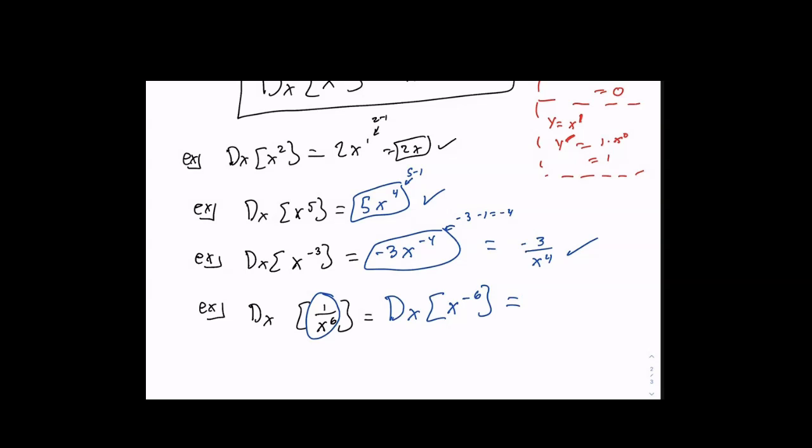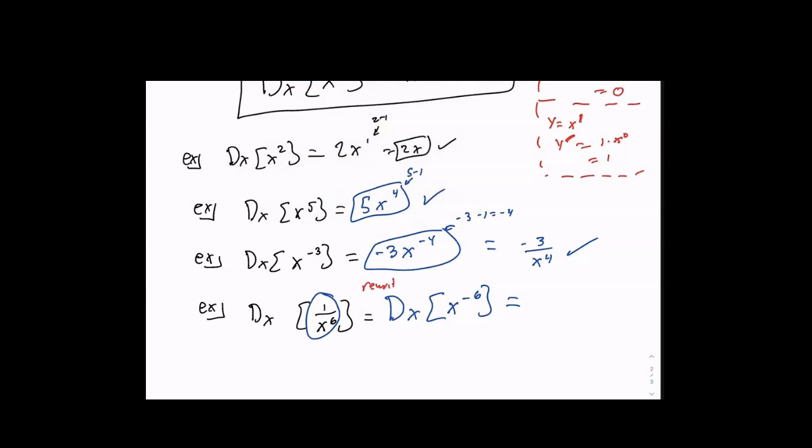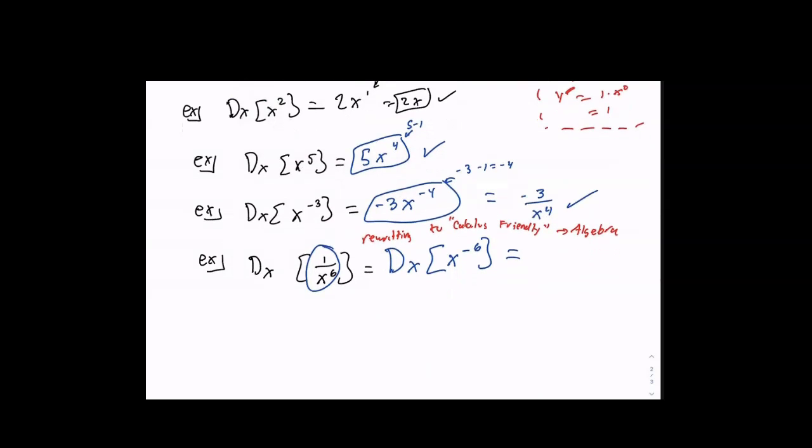So you have to understand the difference between rewriting the problem to be calculus friendly, which is algebra, and calculus. In this problem, we need to make it calculus friendly, which means we need to do some algebra to it.